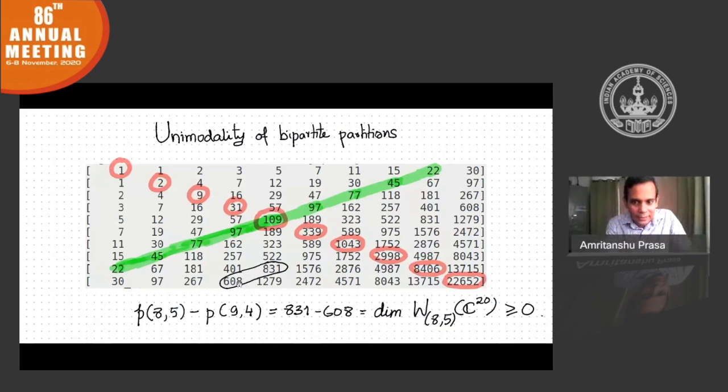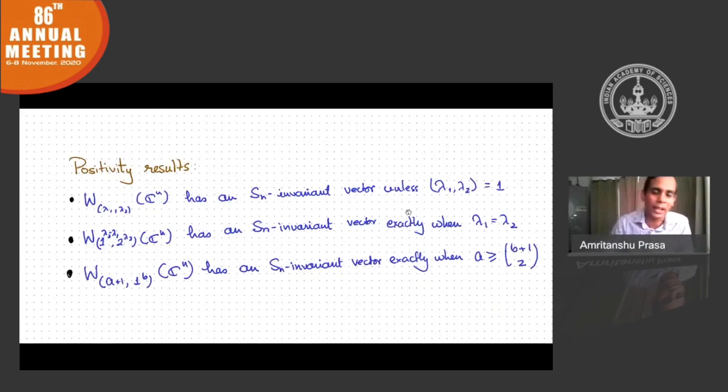And the reason is that the difference, 831 minus 608, is the dimension of the Sn invariants of the Weyl module. Oops, again, here I forgot to say Sn invariants of the Weyl module of (8,5). There was a different proof of this result already known, but this is a much more natural proof of this result.